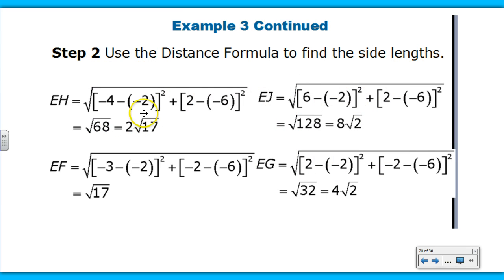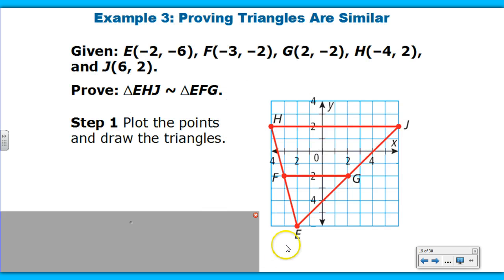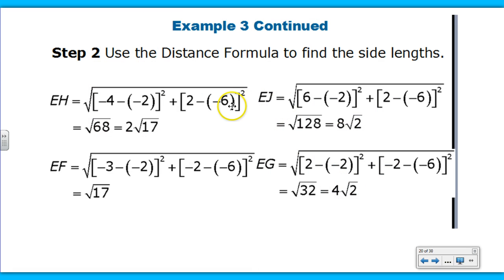Notice that they are focusing on EH and comparing it to the corresponding side EF, and then EJ, and we can compare that to the corresponding side EG, right? Again, we find the difference in the x's and the y's squared. We're using our Pythagorean theorem there, really, right? And we take the square root and we find these lengths.